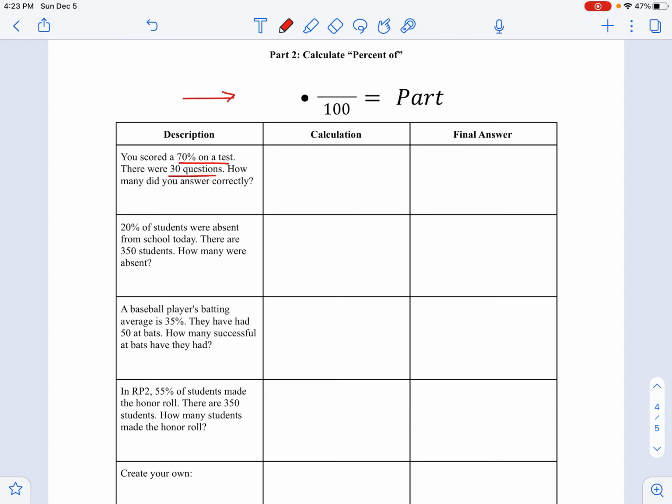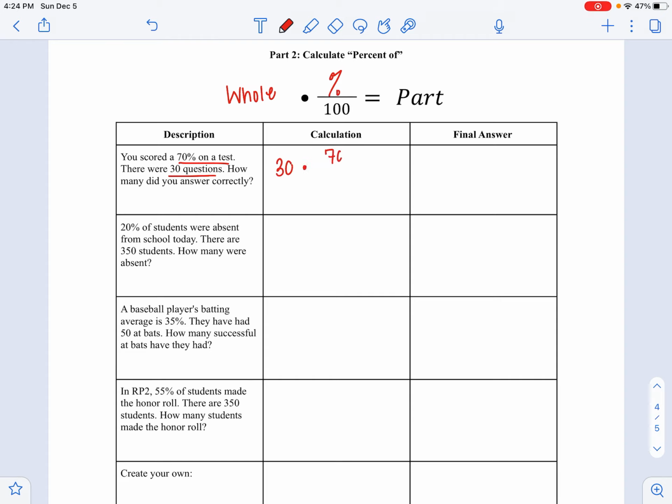We've got a formula for that as well. In this case, we can say that the percentage, whatever it is, divided by 100 times the whole is equal to the missing part. Let's look at the first box as an example. The total number of questions in the test is 30.